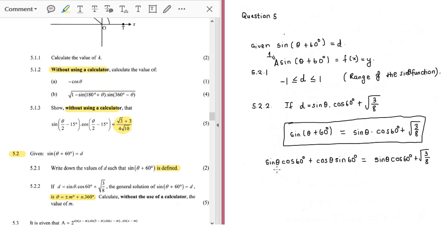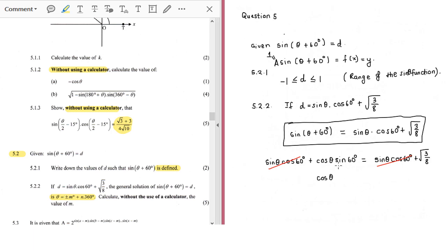We have sine theta cosine 60 degrees on both sides of the equal sign, right? So this term is going to cancel out, and that's going to leave us with the cos of theta. Now notice what I said. Looking at this general solution, because we have that plus and minus sign over there, we know that we eventually have to evaluate a general solution of cos.